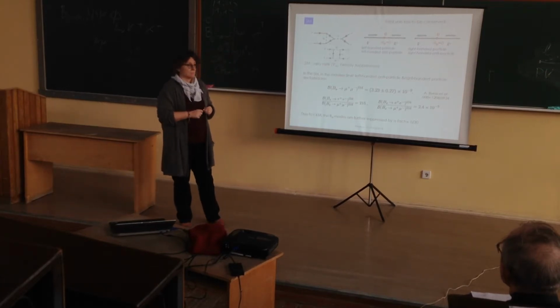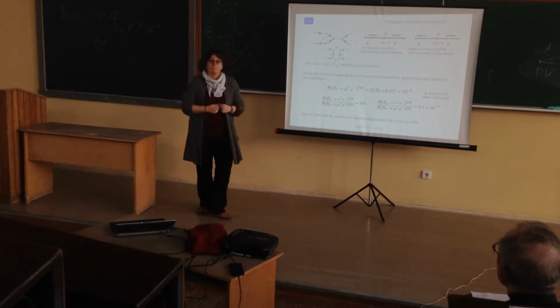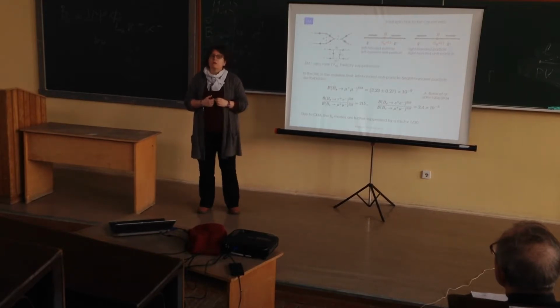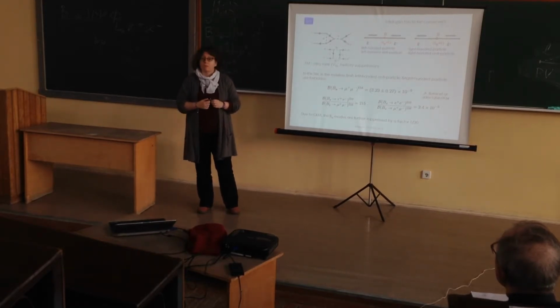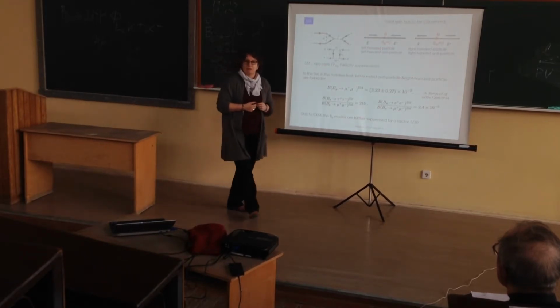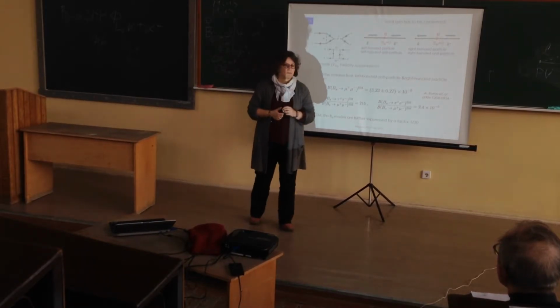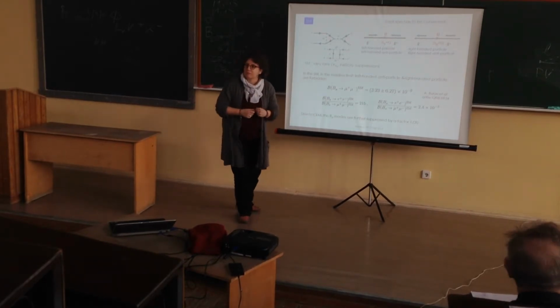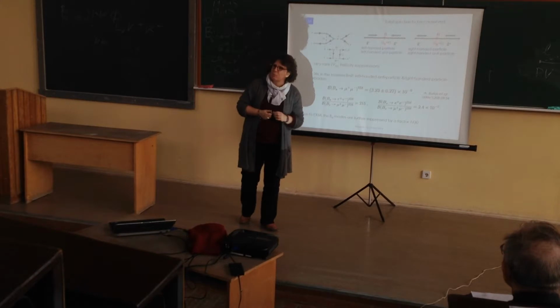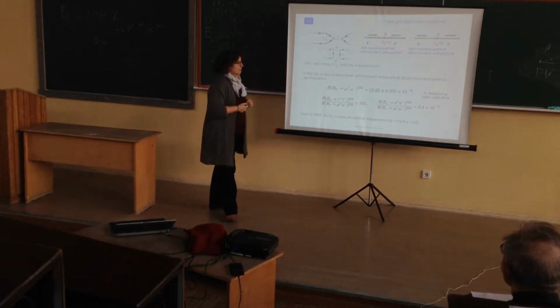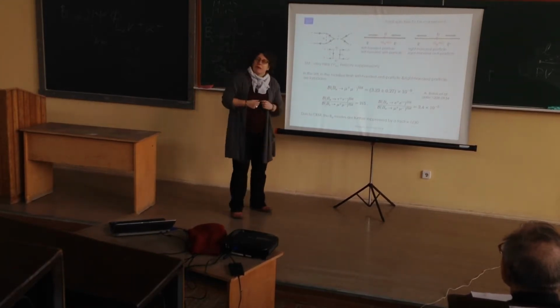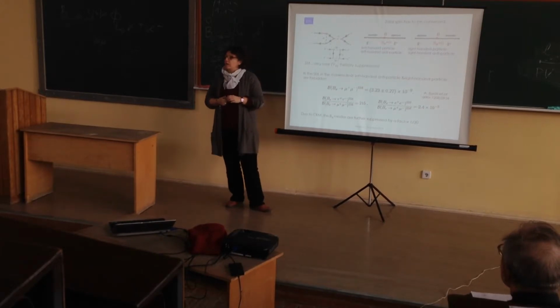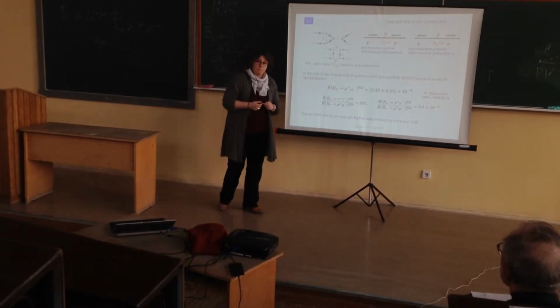Yes? So, it's forbidden only if the lepton mass is 0. Is the lepton mass 0? No. Okay? But it's small. The electron mass is really small. I mean, half an MeV. The muon mass is not that small. It's already 140 MeV.